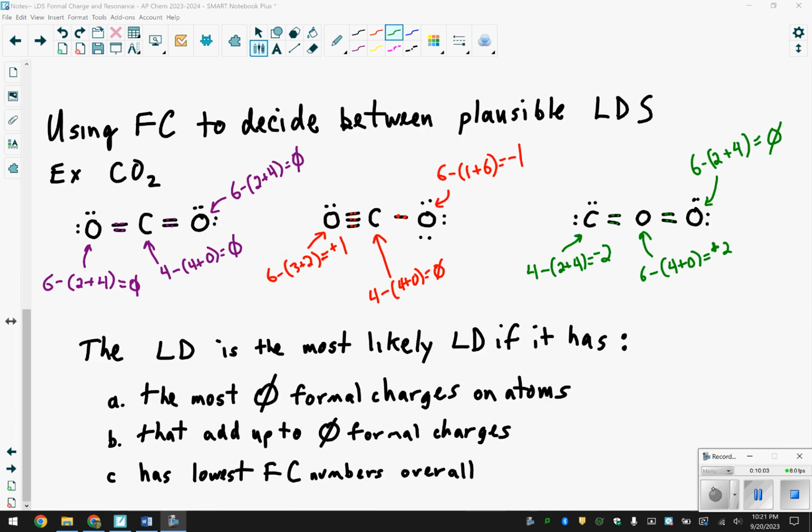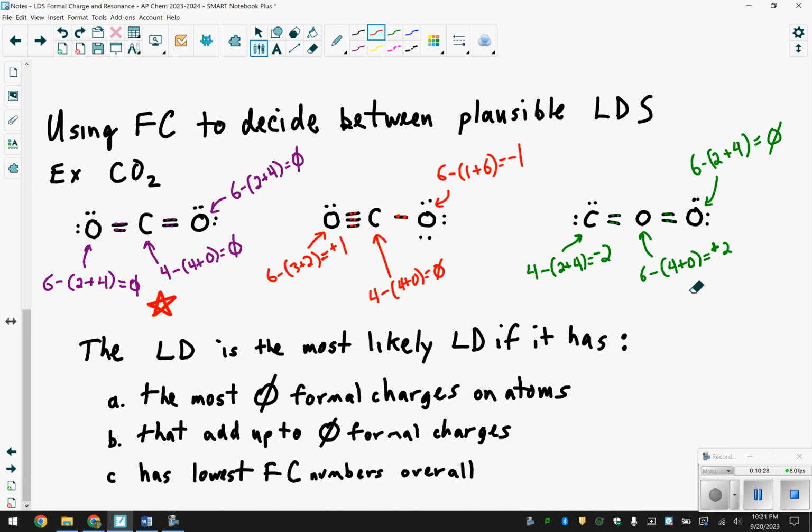Now, how are we going to use this to evaluate? Well, the Lewis diagram will be the most likely of these plausible ones if it has, first of all, zero formal charges. So in this case, this first Lewis dot structure compared to the other two would be the most likely. Okay, it has all zero formal charges.